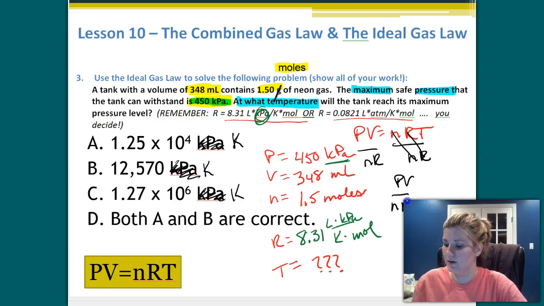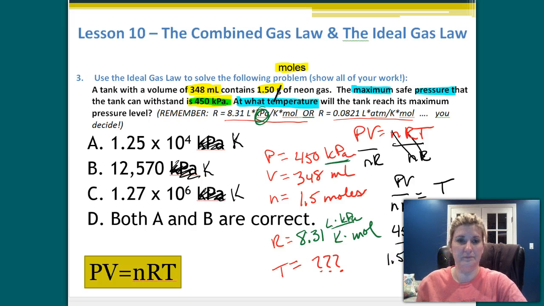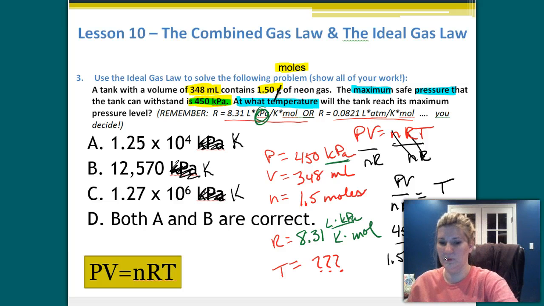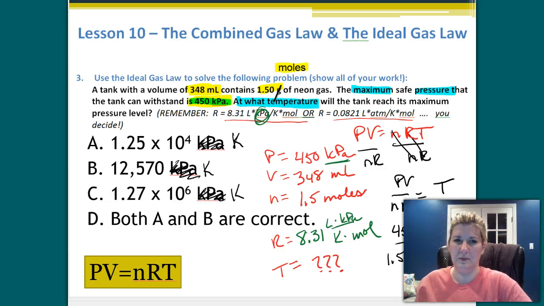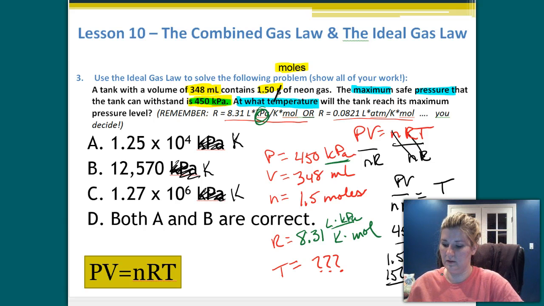PV over nR equals T. So we have 450 times 348 over 1.5 times 8.31. Okay, let's solve that. 450 times 348 is 156,600 divided by 1.5 times 8.31.